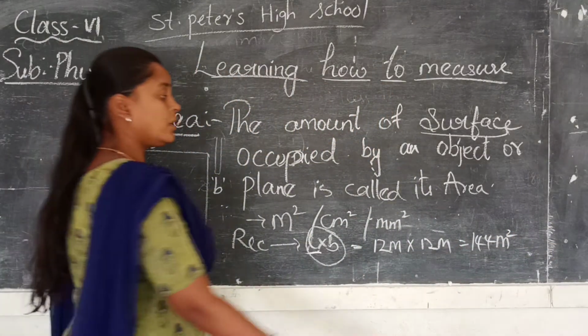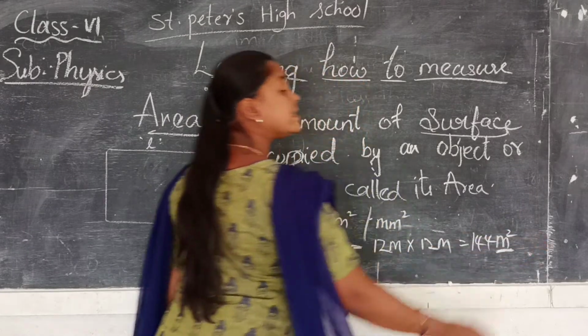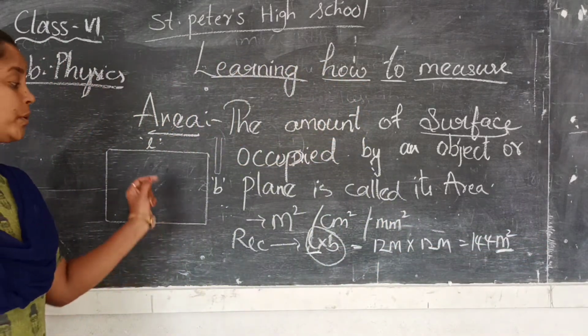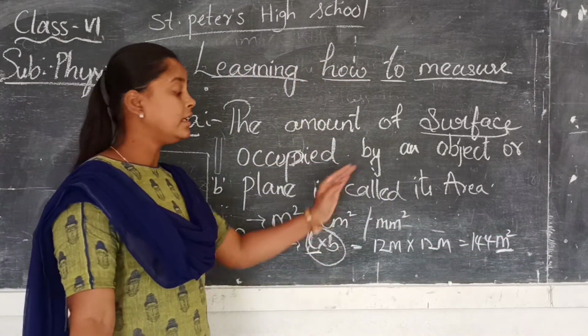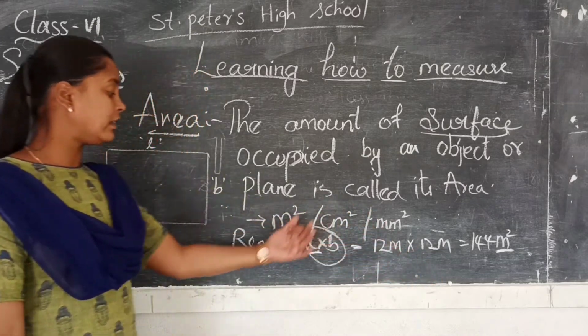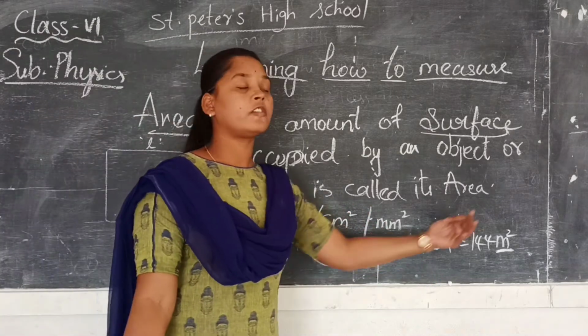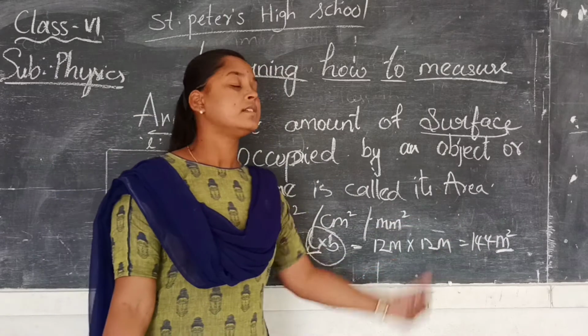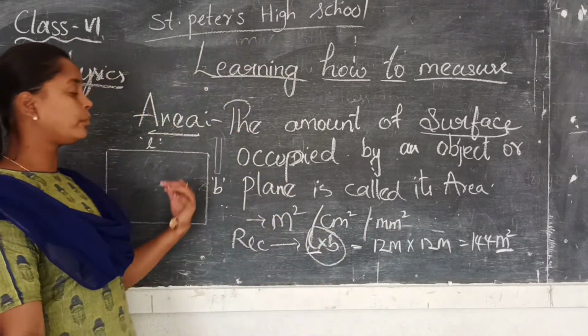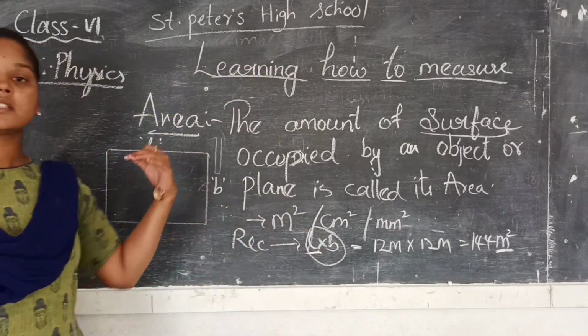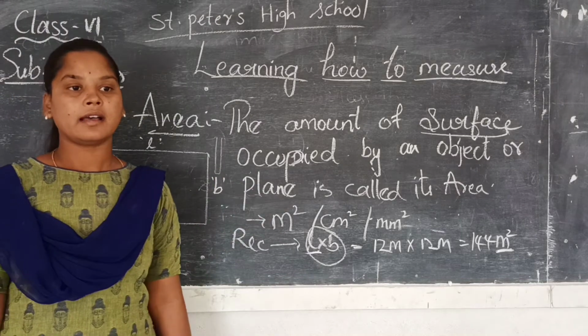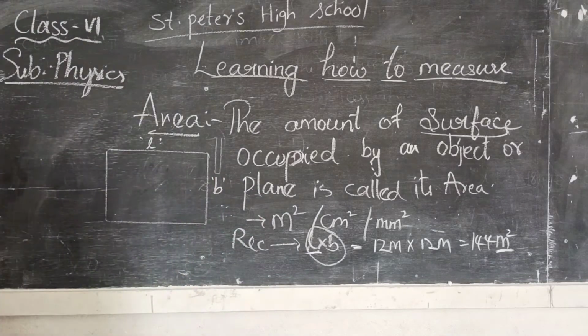Clear? So this meter square represents an area. The units of area are meter square or centimeter square. If the length and breadth are taken in meters, then it will be meter square. If it is in centimeters, it will be centimeters square. Here we took the book in centimeters, so we will get centimeters square as the answer. Okay, next.